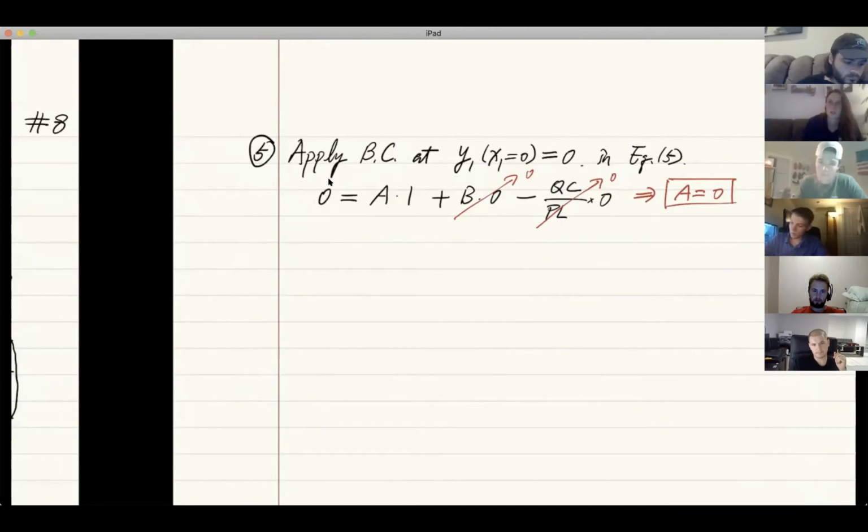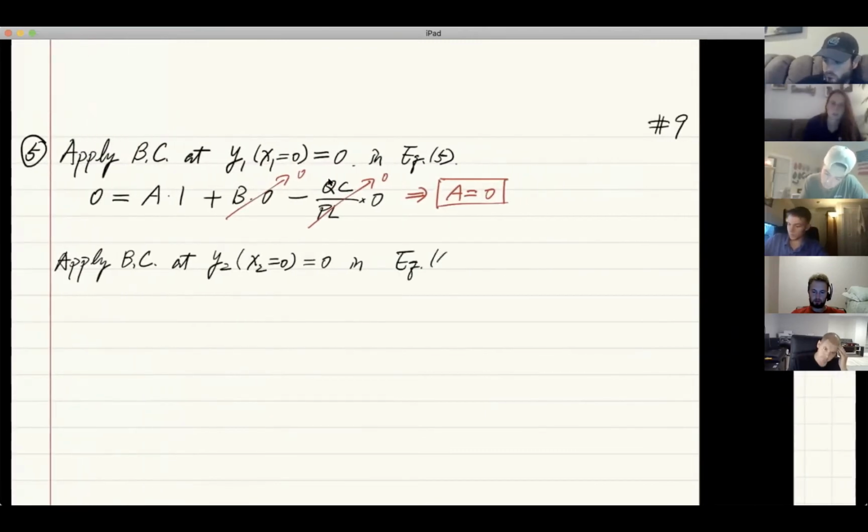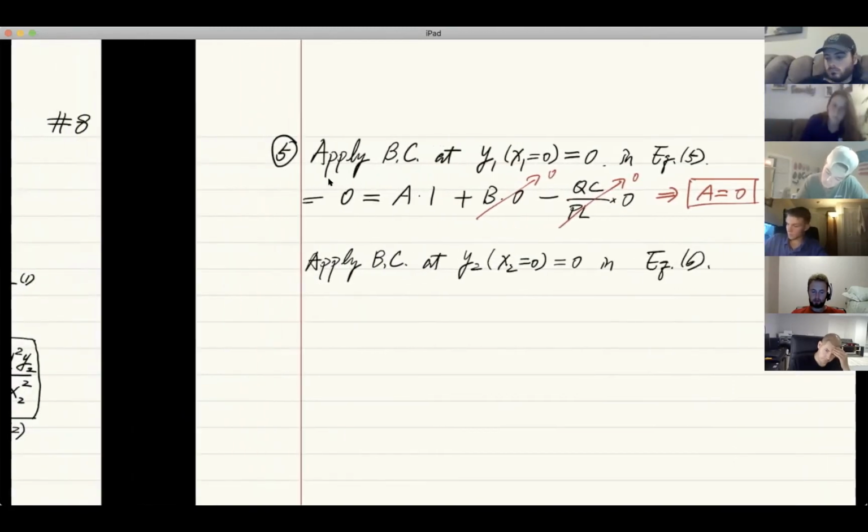And similarly, the same idea, apply boundary condition at y2 and when x2 is 0, this also has to be 0, in equation 6. And this would actually give us this result. If we do it that way, then 0 equals the same idea, right?